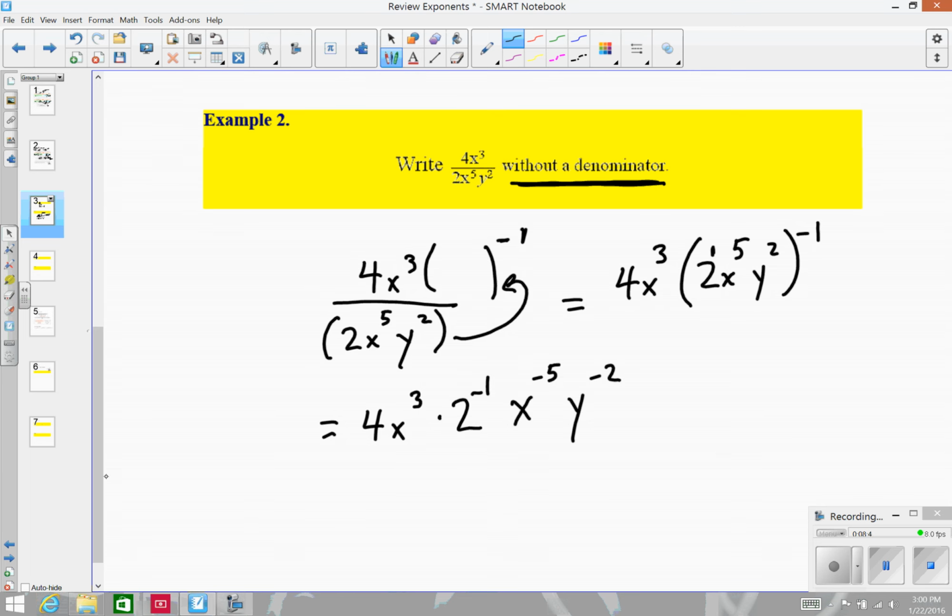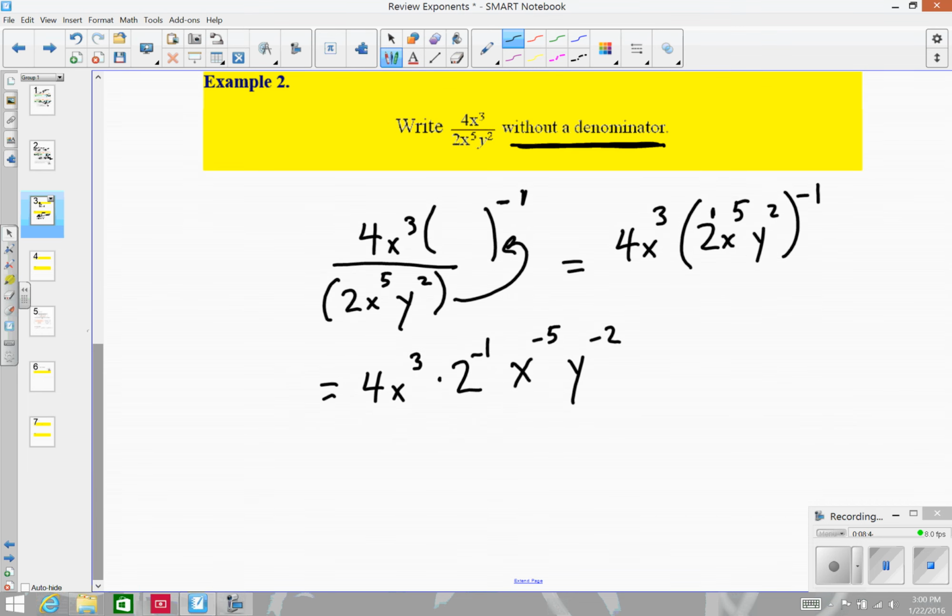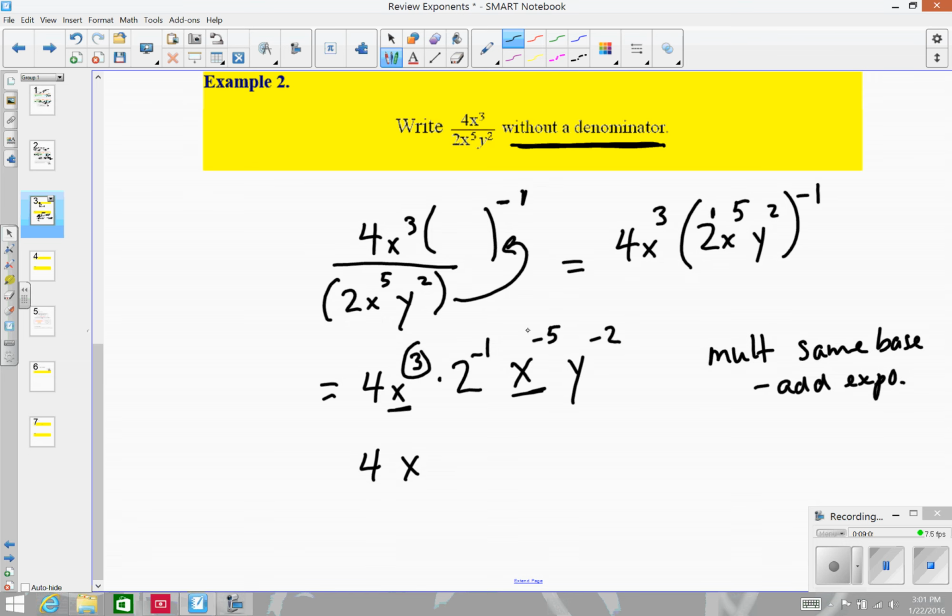Alright, so then next I am going to see if I have things with the same base. X to the third here, x to the minus 5 here. Remember now, when we are multiplying same base, I add the exponents. So I'm going to write my 4x, and then I'm going to add my 3 and my negative 5, get negative 2.